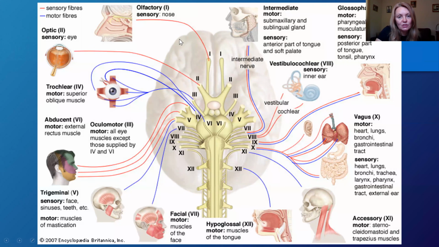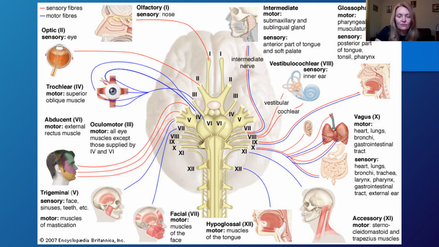So you can see some are just red, some just blue, and some, like over here, number 7, are both red and blue, or 9, or 10. That means they carry both sensory fibers and motor fibers.